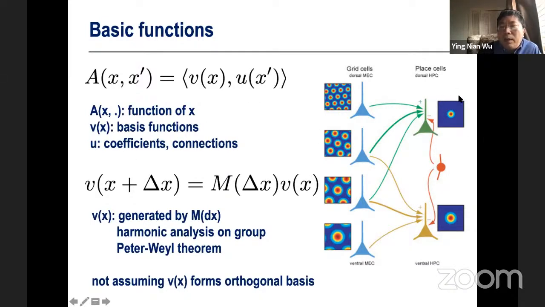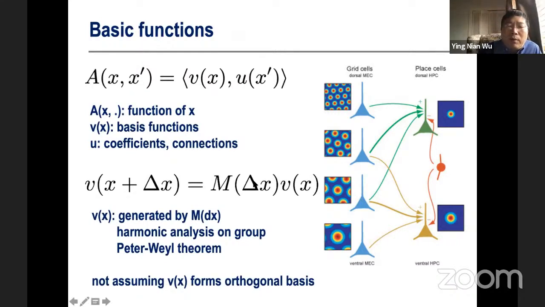For example, here you have two place cells, right? And each place cell can be represented by a linear combination of those grid cell maps. And the connections are represented by the weights in this u, so u is the coefficients. And therefore this v is the basis function, and we want to know where v comes from.